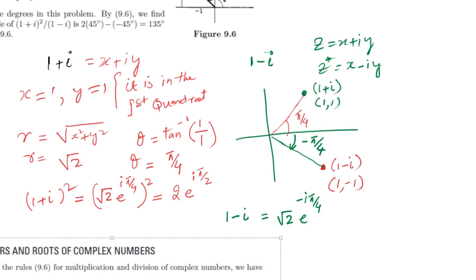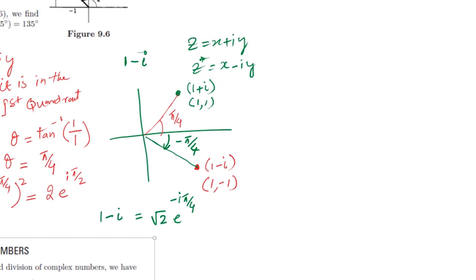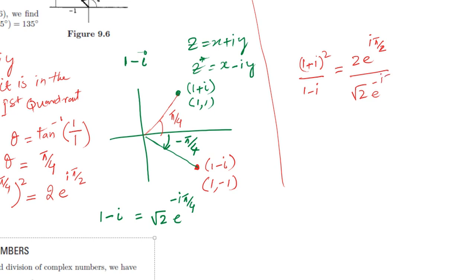What about the overall complex number? It now becomes easy. You have 1 plus iota squared on top, divided by 1 minus iota. 1 plus iota squared is 2 e to the power iota pi half, and down below you have square root of 2 e to the power minus iota pi over 4.